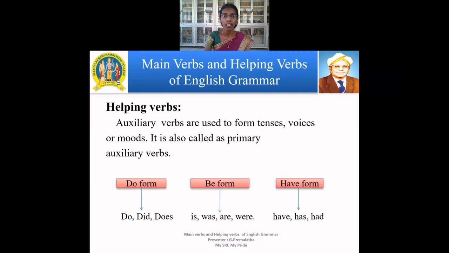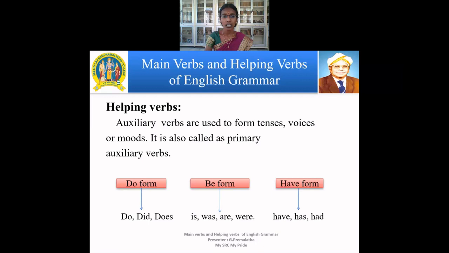Next one, helping verbs. So far we have seen the main verbs and their categories. Helping verbs have two categories, auxiliary and modal auxiliary verbs. Auxiliary verbs are used to form tenses, voices or moods. They are also called primary auxiliary verbs. There are three divisions: do form verb, be form verb and have form verb.